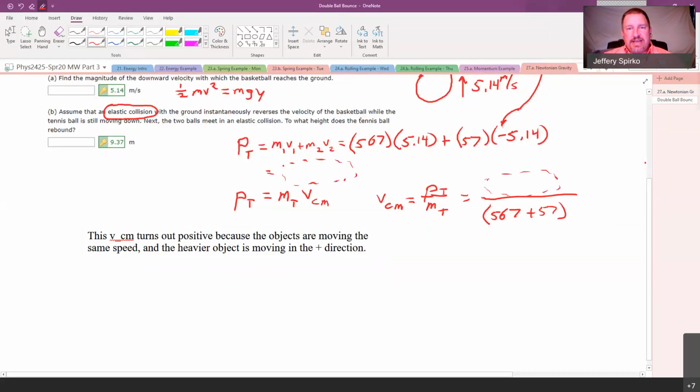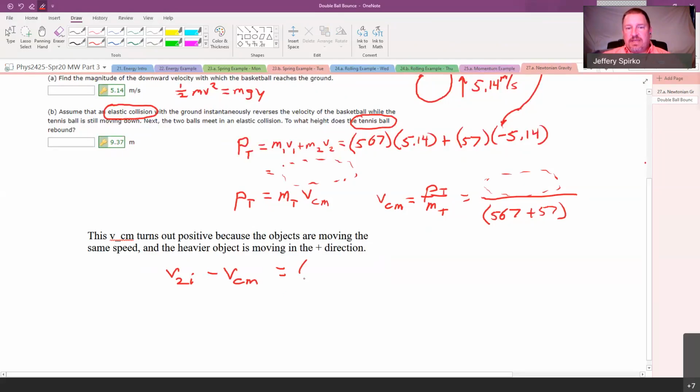Which object do I care about? I care about the tennis ball. So then I'm thinking about V2 before the collision, and I want to subtract the V center of mass.